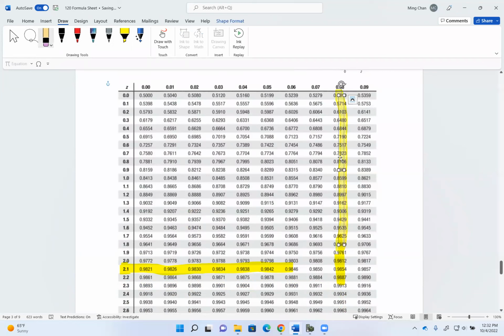And 8 coming down, 2.18. So that will be this number, 0.9854. Okay.